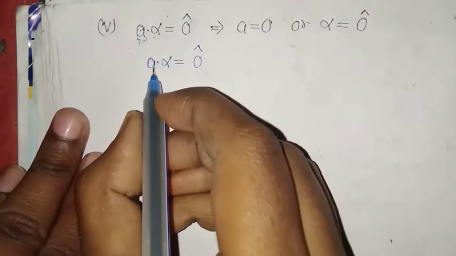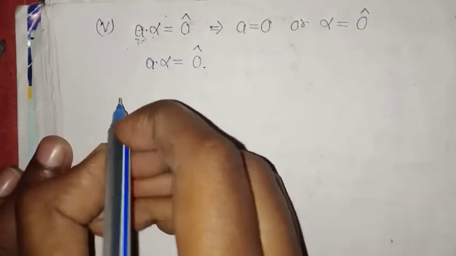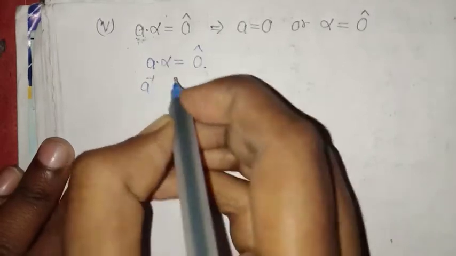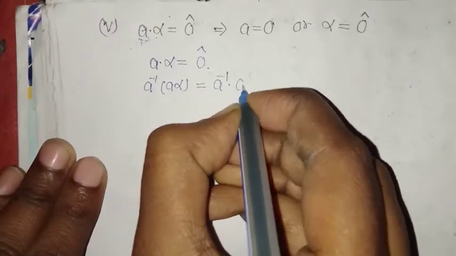So if A dot alpha is equal to 0 vector, then let's multiply A inverse on both sides. So this can be written as A inverse dot A alpha is equal to A inverse dot 0 vector.